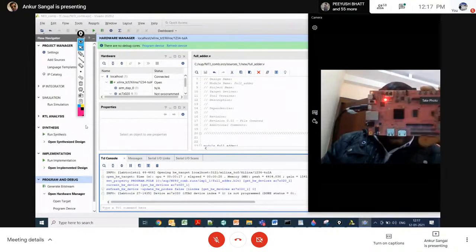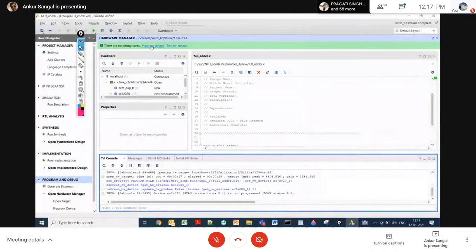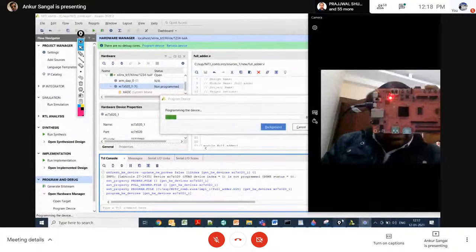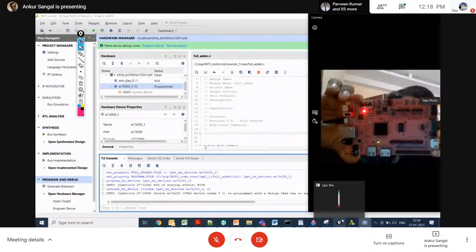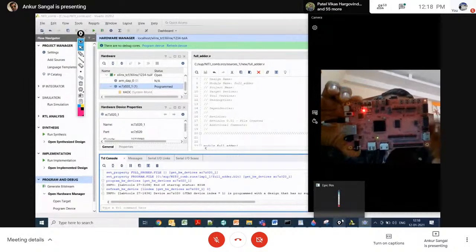So then you can click on program device. This is available here, this tab, program device. On the board, one LED will glow once it is programmed. Yeah, the green one. So now your design is already dumped in this FPGA board.